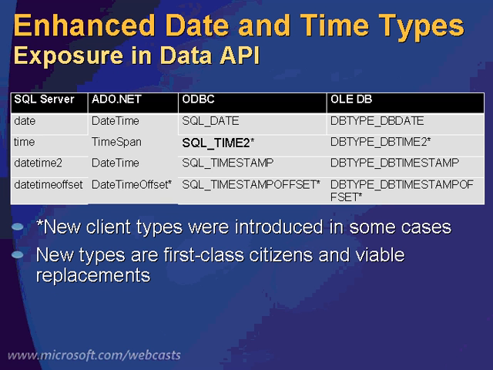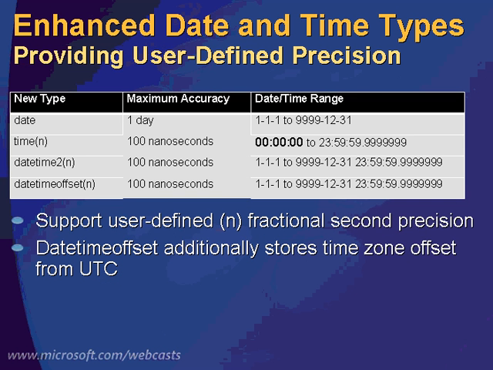Date is just a date, as you'd expect, time is just a time, and date time 2 is an evolution of what was the date time type. Let's jump to the ranges to give you some background. It allows you to fully express variable user-defined fractional second precision.